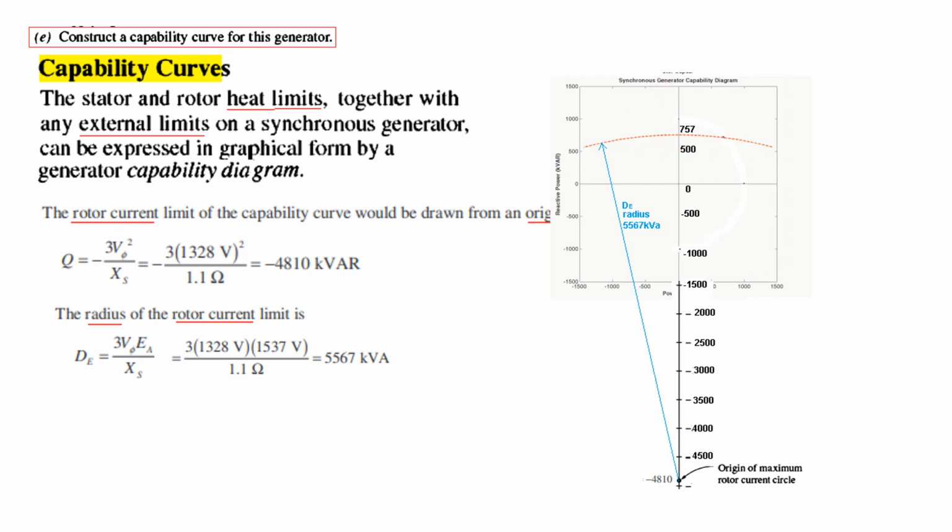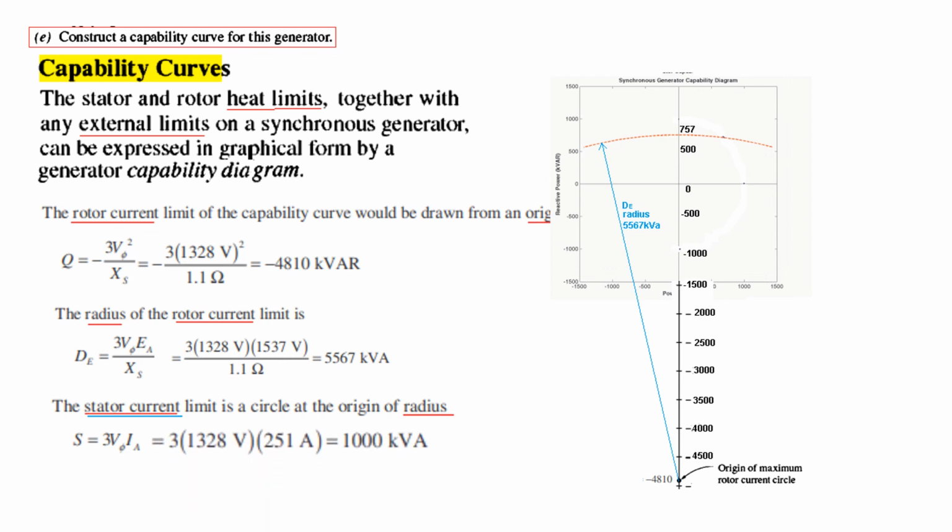Now there is another limit, and that is the stator current limit. The stator current limit is the circle at the origin of radius this. So this is the apparent power. This will limit the stator current, and we can also calculate this value. We know all these values. So this is 1000 kVA.